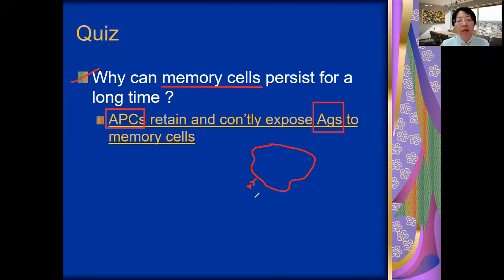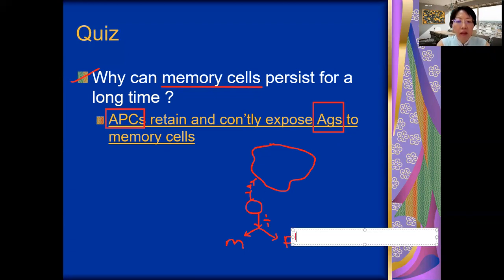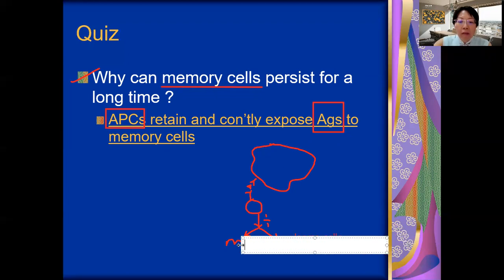So it presents it, and as it presents it, your memory cells, which have the receptor for it, will be activated. The moment memory cells are activated, they will divide and differentiate into more plasma cells and memory cells.